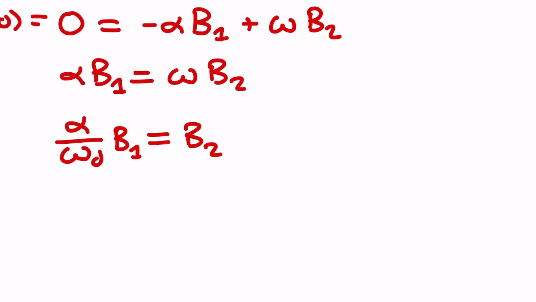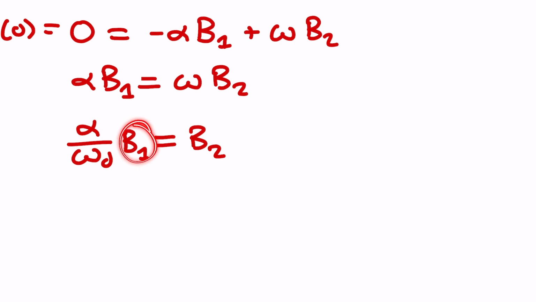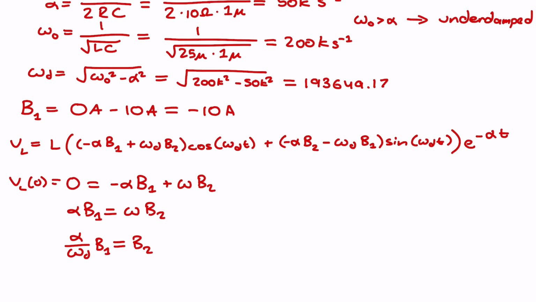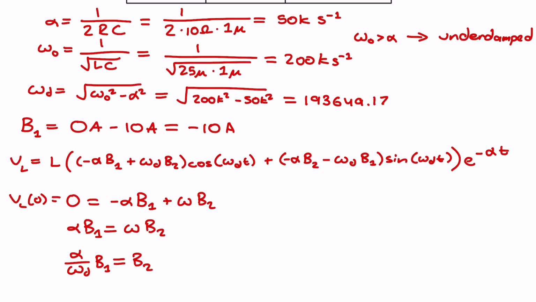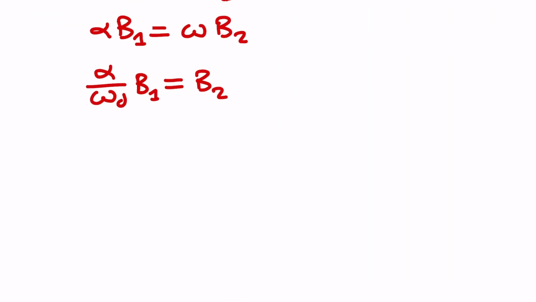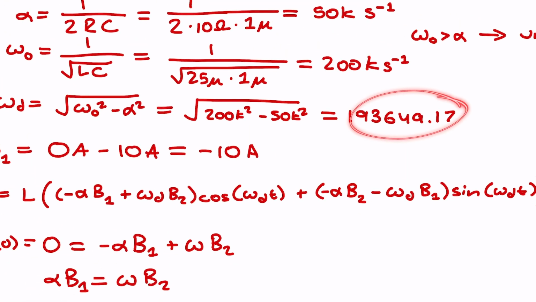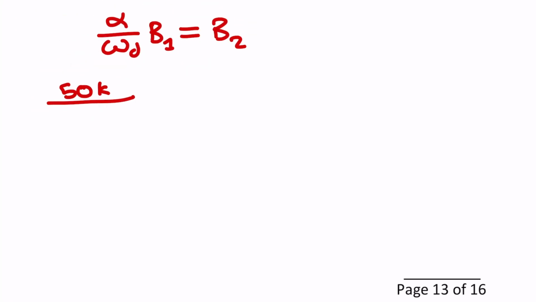So now that we're here, we already know what B1 is. So we can easily find B2 from this relationship. We can just say, what was our alpha and omega D? Okay, so 50K over this number. I'm not going to write it down.